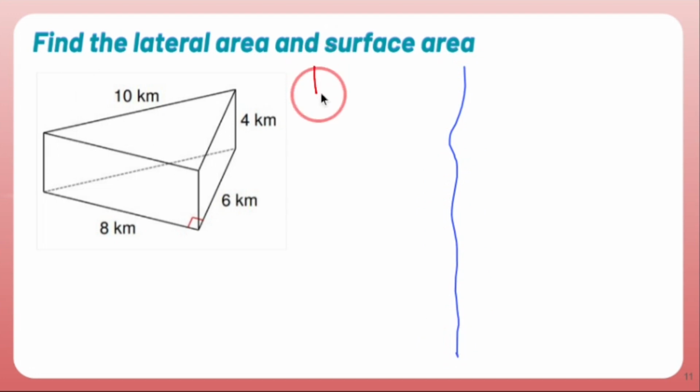Let's do the lateral area first, okay? The formula for the lateral area for any prism is going to be, and I'll use L for lateral, the perimeter of the base times the height of the shape.